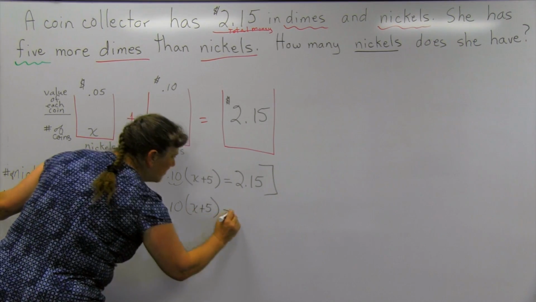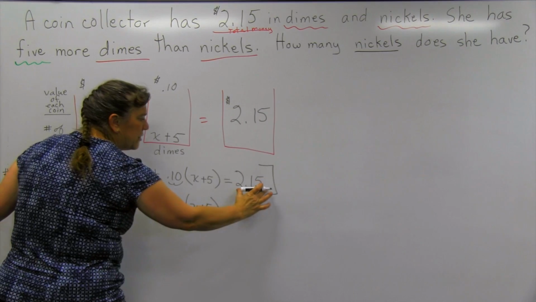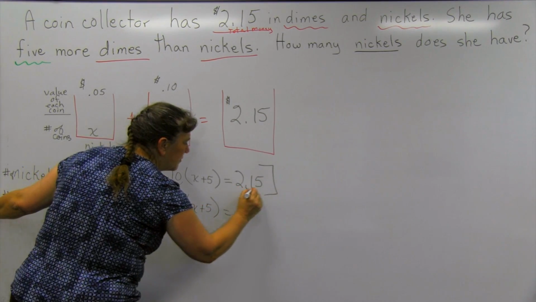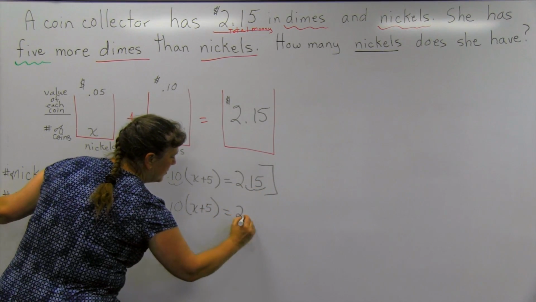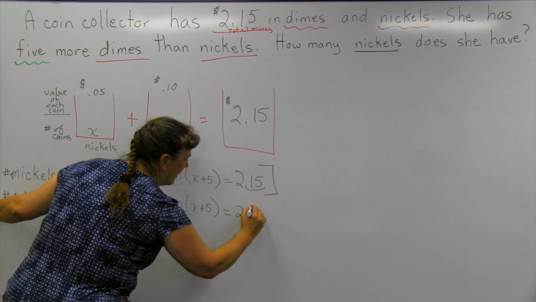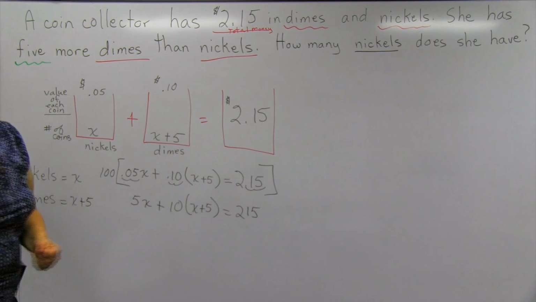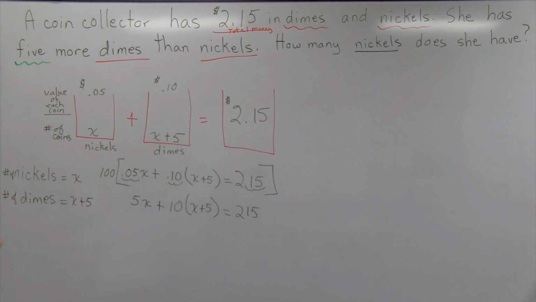And then the last one, 100 times 2.15, moves that decimal twice, making 215. See, got rid of those decimals. I like to do it that way. You don't have to. I just like it that way.